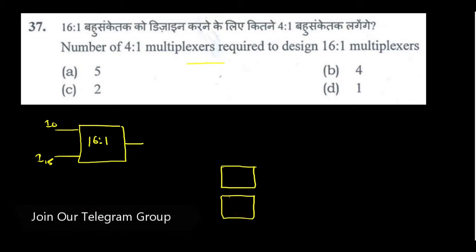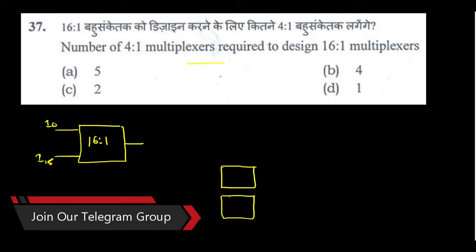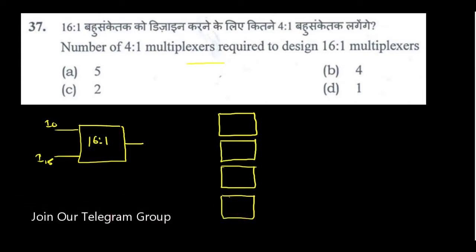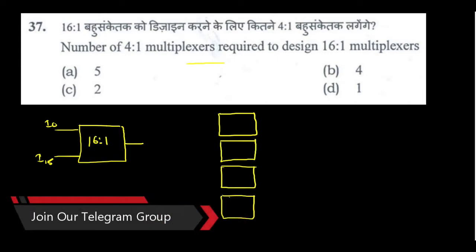If you have 4:1 multiplexers, we can connect 16 input lines. Selection lines I am not showing. So I took 4 numbers of 4:1 or 4x1 multiplexers.